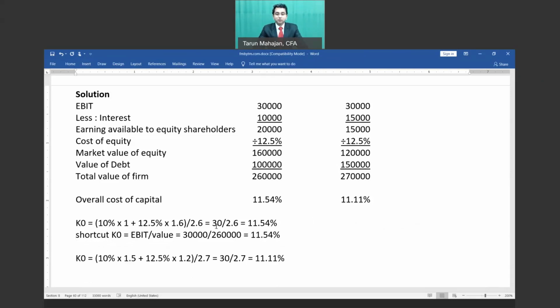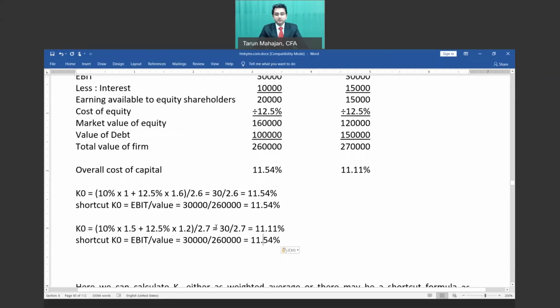That is 11.54%. And in the second case, EBIT divided by 2,70,000. So that will be 11.11%. So the shortcut is EBIT divided by value.